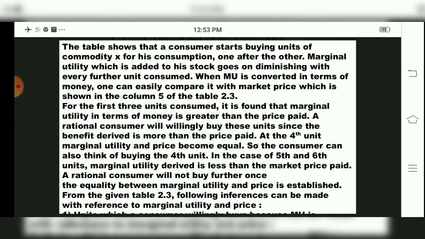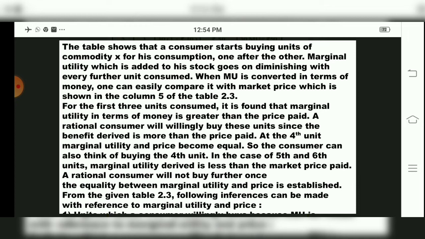Now the first 3 units were consumed, and in that we have seen, children, whenever a rational normal consumer is there, he will buy and the benefit will be derived from the price. At the fourth unit, marginal utility and price become equal. For the first 3 units, marginal utility was higher than the price.